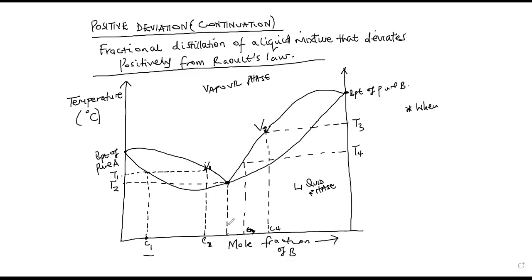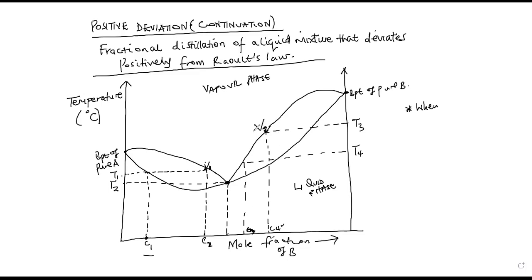Now, when a liquid mixture of composition C4 is heated, it will boil at a temperature T3, producing vapor V2, which is richer this time in A. Condensing this vapor will produce a liquid of composition C3, which is similar to that of vapor V2.